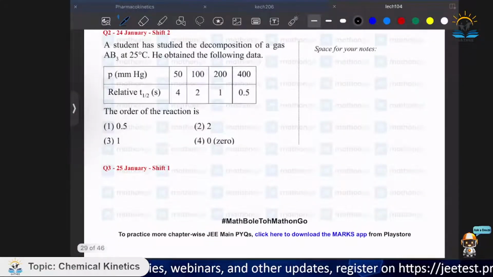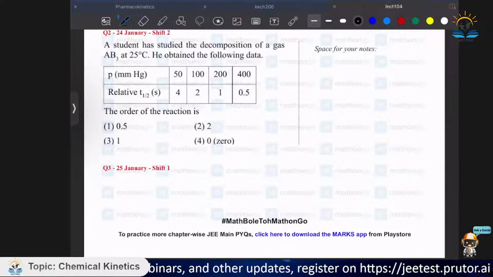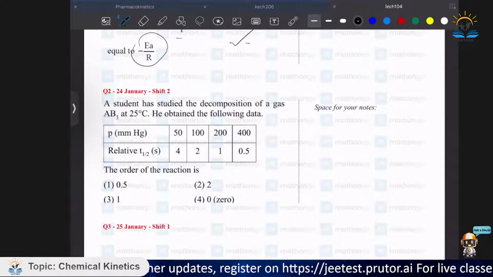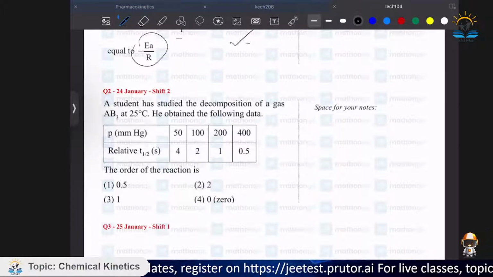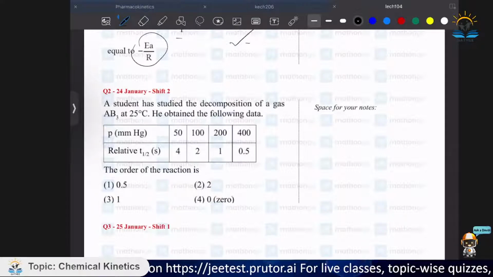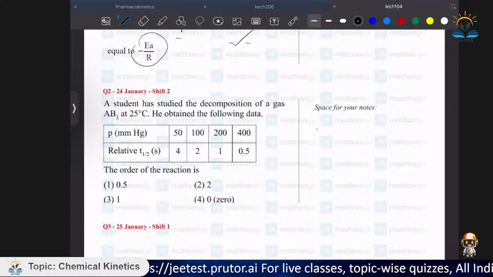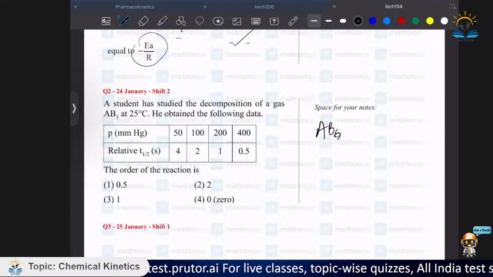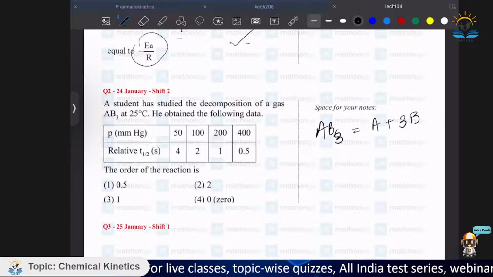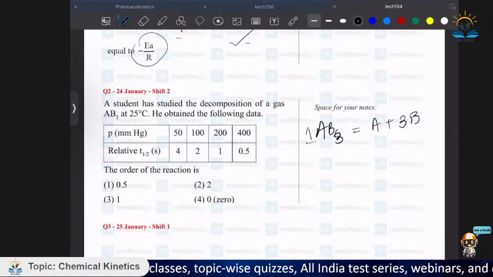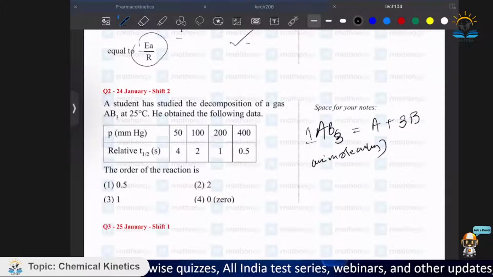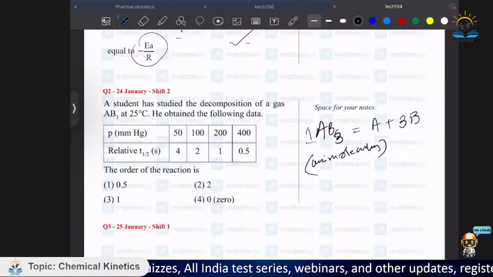Now, a student studied the decomposition of a gas AB3 and obtained the following data. Assuming the reaction is something like this, it is unimolecular. Order we don't know, but we can see that there is only one molecule.